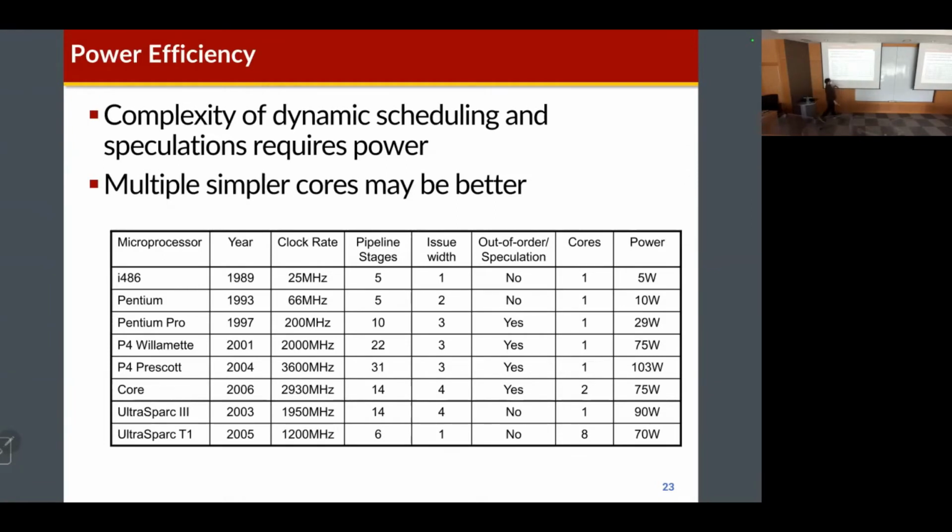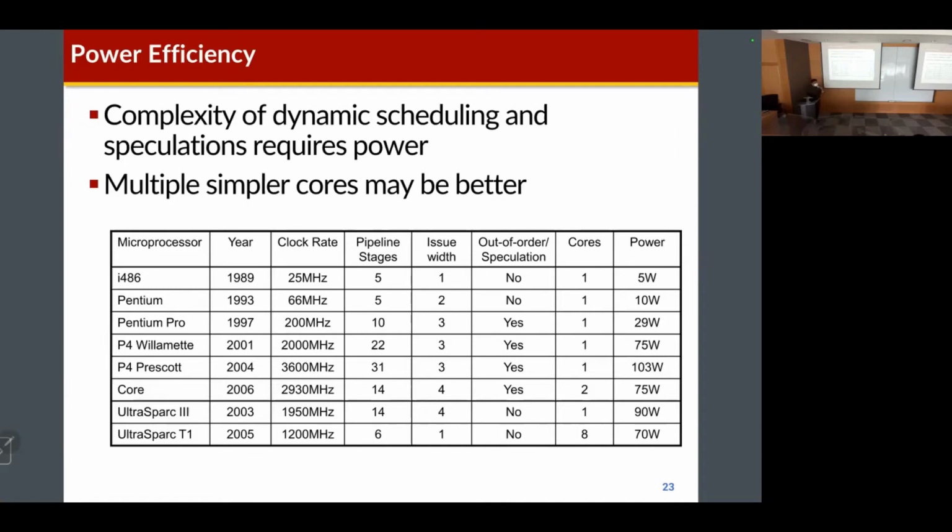If you read the issue width, it's 2, which means that Pentium can execute 2 instructions per cycle. But in this course, we learned about a pipeline architecture that can execute 1 instruction per cycle. Out-of-order processing is not supported.